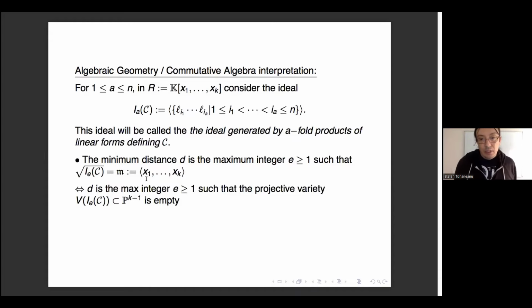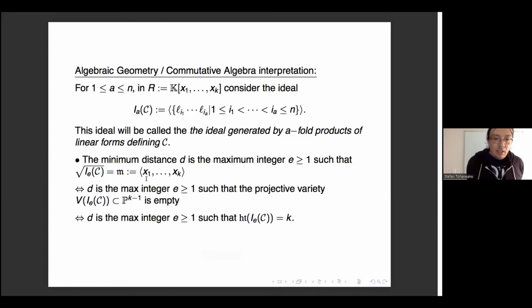Now, if we want to think projectively, and this is what I like to do a lot, 0, 0, 0 is not a valid point in projective space. So the variety defined by those E-fold products should be empty.